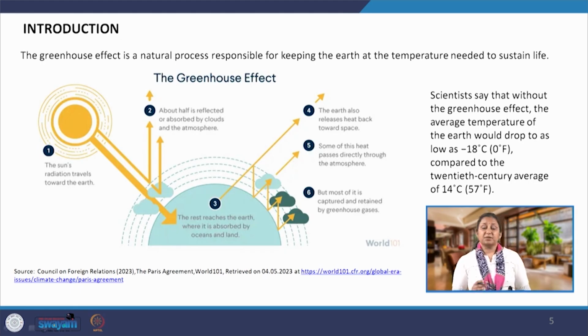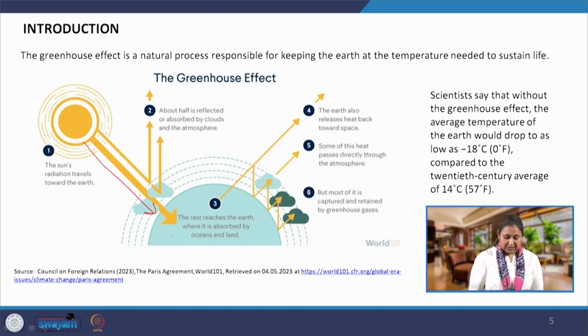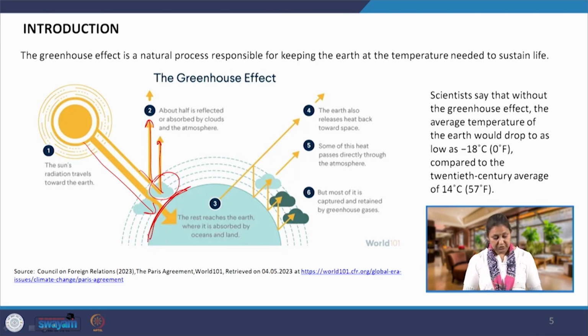What happens as far as the greenhouse effect is concerned in a natural environment is that the sun's radiation, which is a short wave radiation, travels to the surface of earth, and while it is traveling, a part of it, about half, is reflected by the atmosphere, and part of it is absorbed by clouds, and some of it reaches the surface of earth, which is then absorbed by oceans, land, the flora on earth.